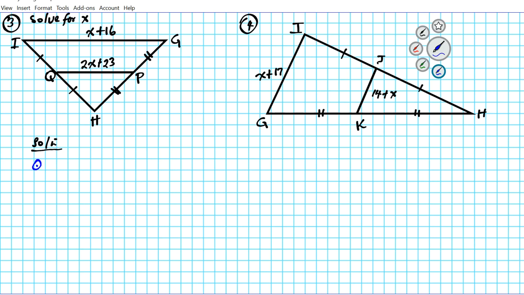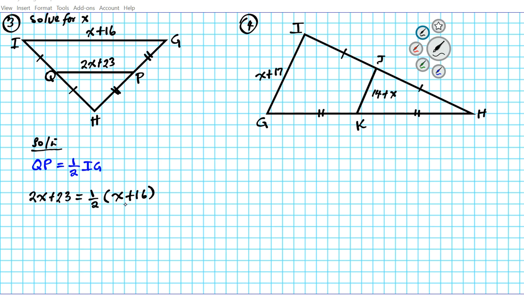The midsegment QP is equal to 1/2 the third side, which is IG. So write down the theorem. Now we're going to substitute: QP is the expression 2x plus 23, which equals 1/2 of IG, which is x plus 16.